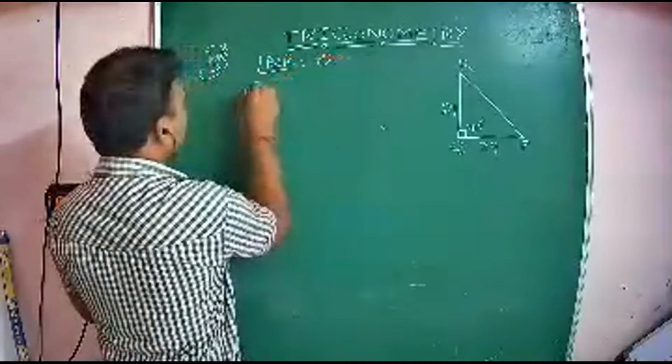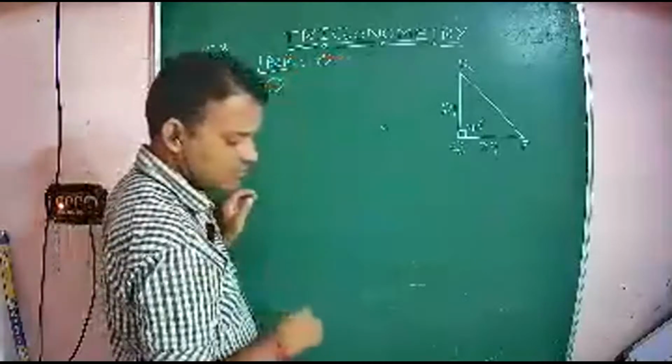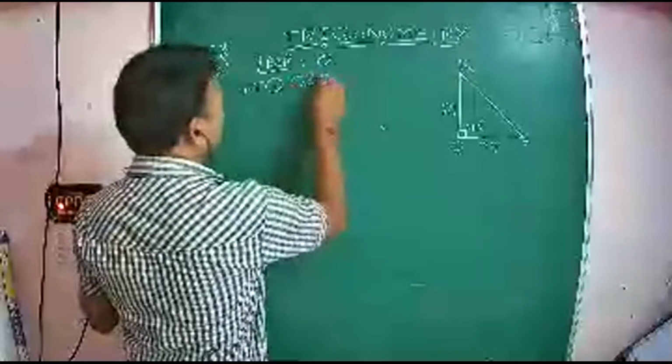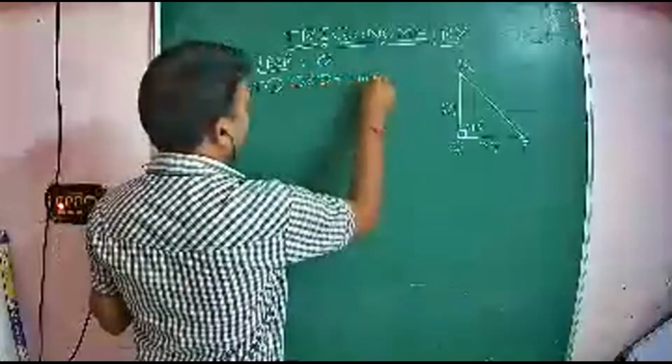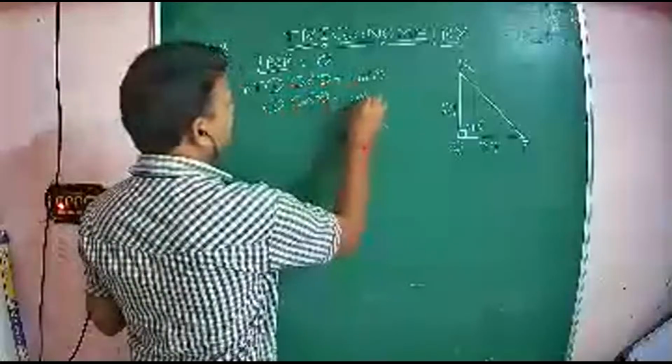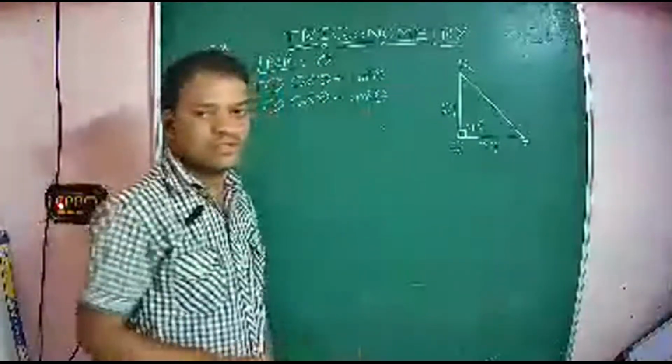Then we have to prove, first, cos square theta plus sin square theta, and second, cos square theta minus sin square theta. Very simple.